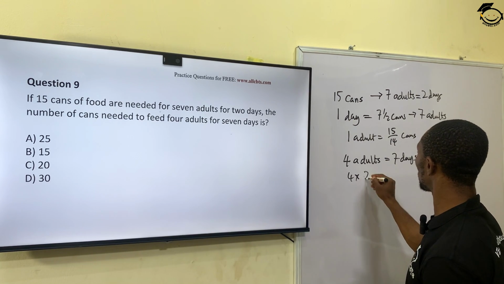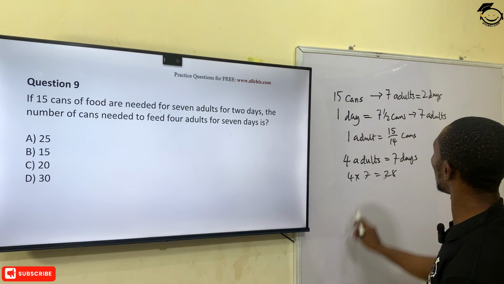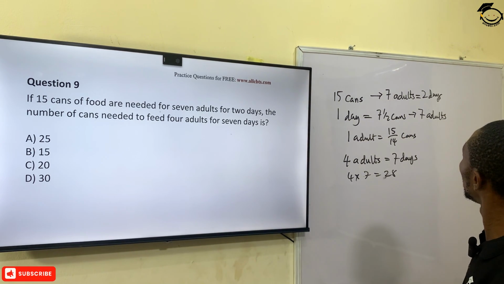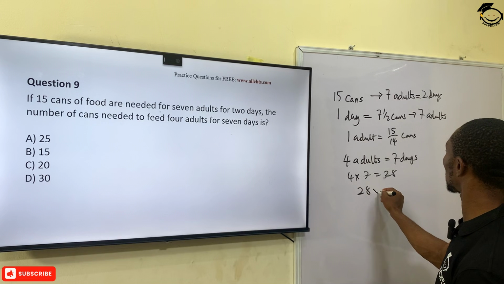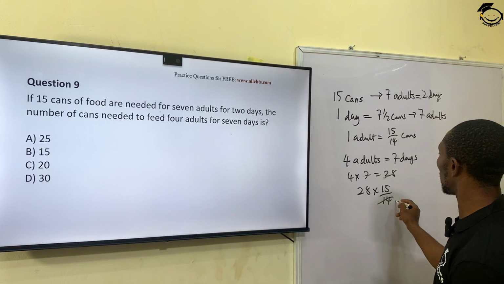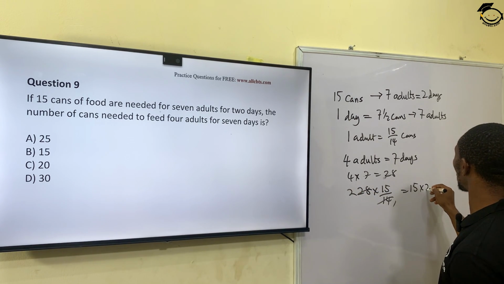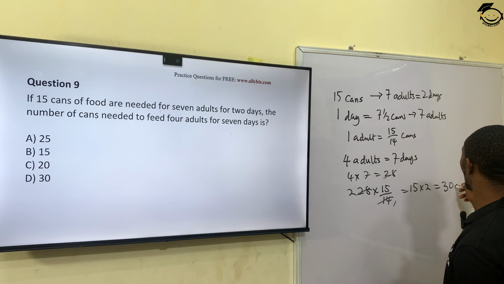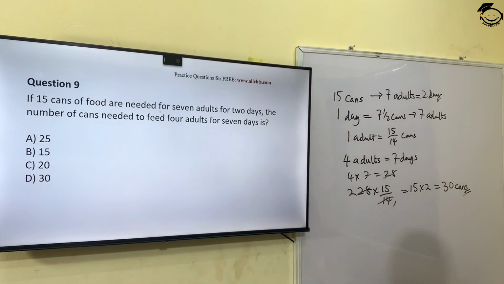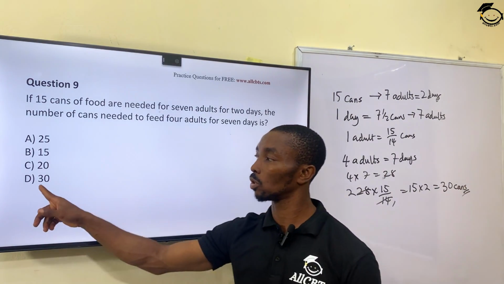Okay, 4 times 7 will give us 28. So multiply by the number of cans for 1 adult. This will become 28 times 15 over 14. So 14 here 1, 14 here 2. So we would have 15 times 2 would give us 30 cans. So 30 cans will be needed to feed 4 adults for 7 days, which is our option D.